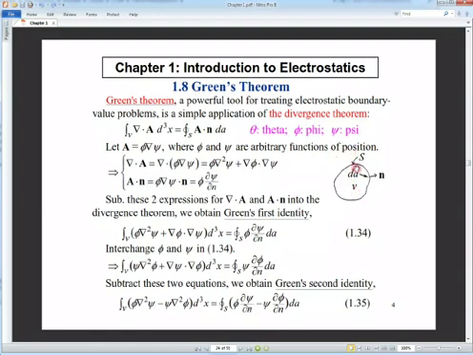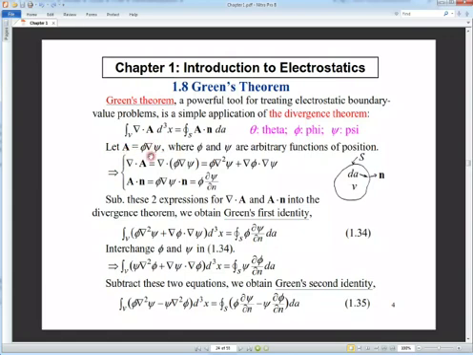The volume V is surrounded by the surface, and theta is the angle between A and n. n is a normal vector, a normal unit vector, in fact. So let's change A to a vector.